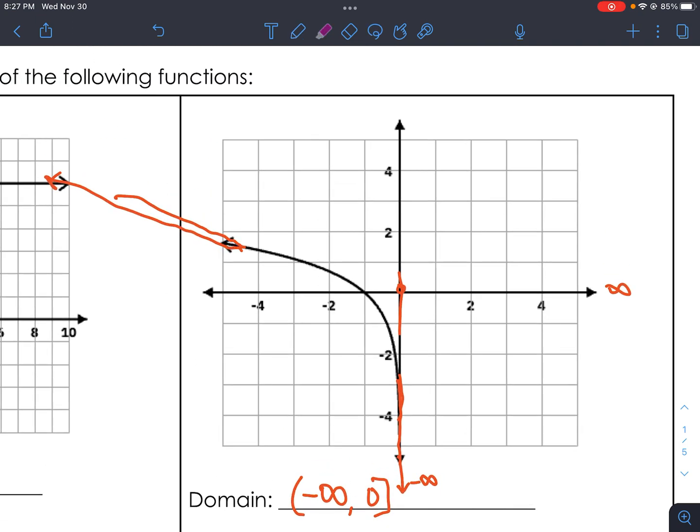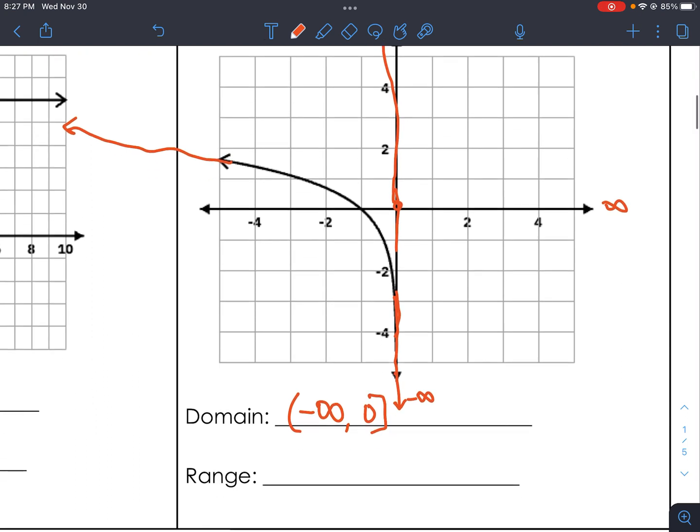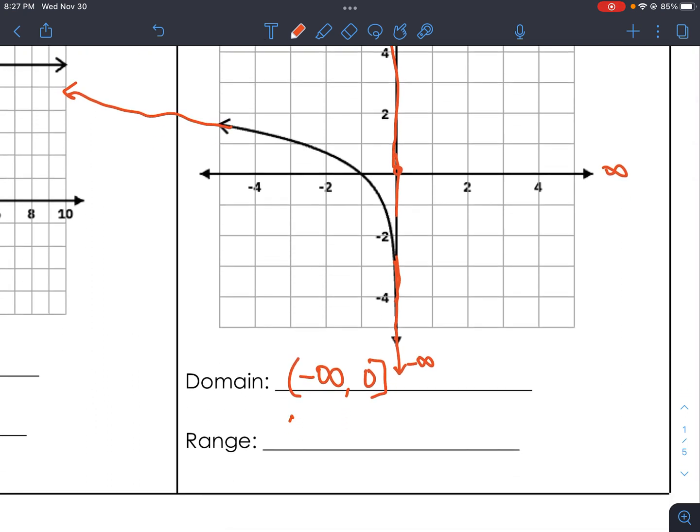So when you see an arrow on it, you just got to assume it's going left and it's going up, up, up. So the range is how far down, the minimum, negative infinity, and the maximum, well, we don't know what the max is, so we say positive infinity.